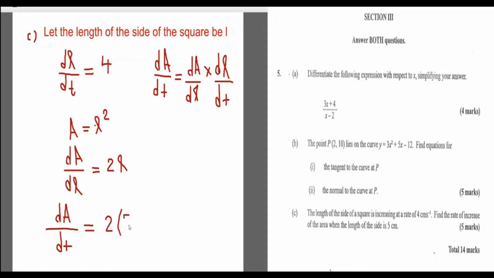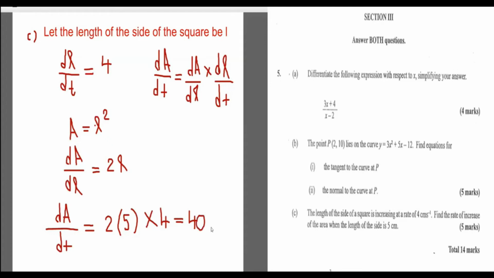So it's 2 times 5 multiplied by dL by dt. dL by dt is just a constant 4. And so 2 times 5 is 10, 10 times 4 is 40. And so dA by dt is 40.